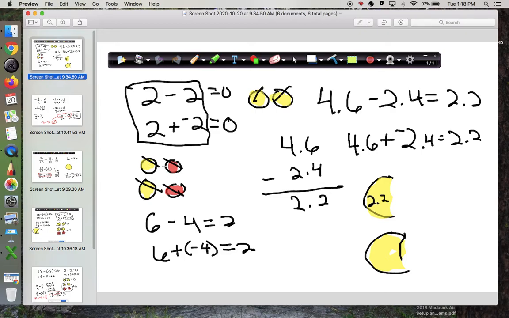Those cancel out. On this one over here, we changed 4.6 minus 2.4 to 4.6 plus a negative 2.4. So we had a picture here of 4.6 and then kind of taking a 2.4 bite out of it. So that was that one.